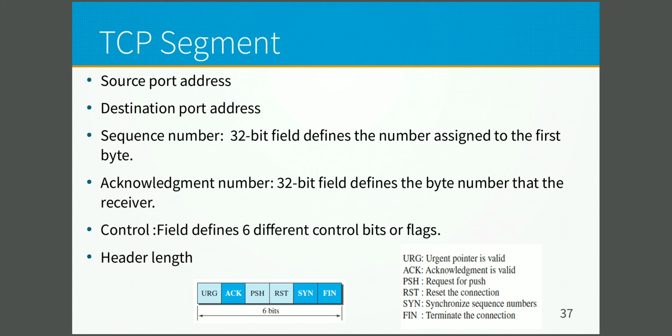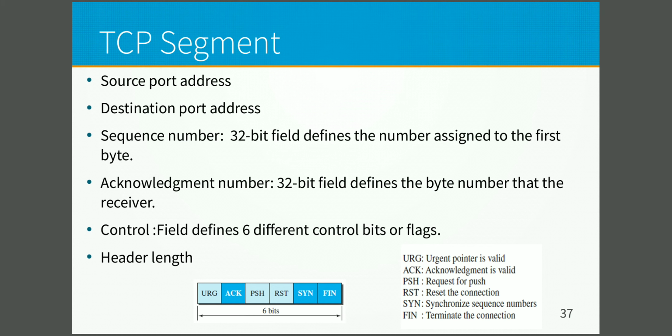In TCP at the transport layer, entities are identified by using port numbers. So when a TCP segment is being exchanged, the header should contain the first field, which contains the port address of the source. The second field is again a 16-bit field which contains the destination port address.